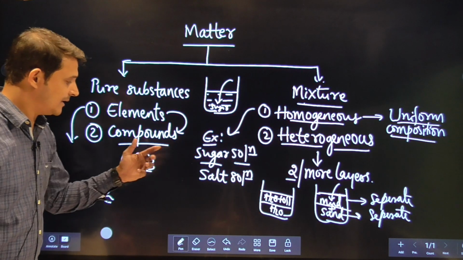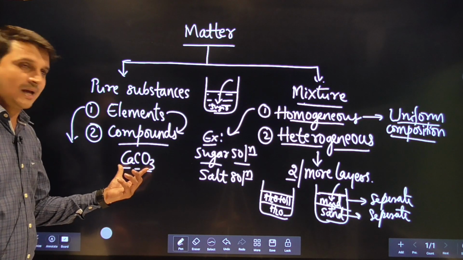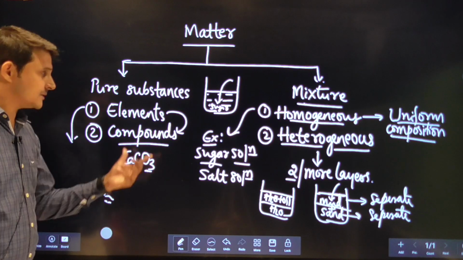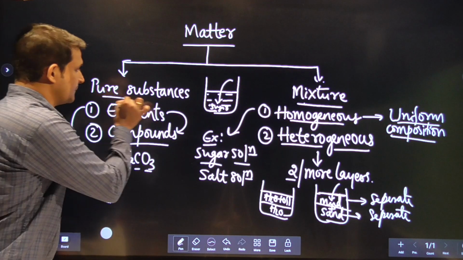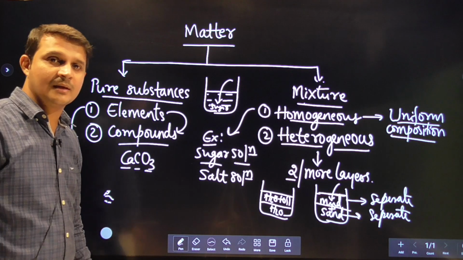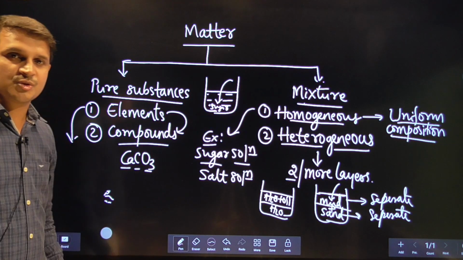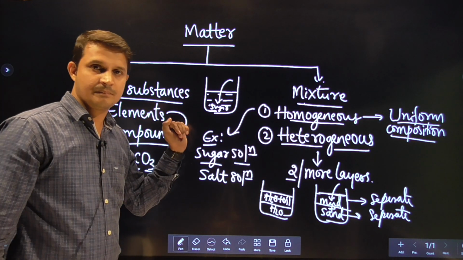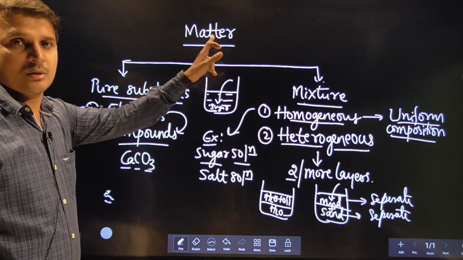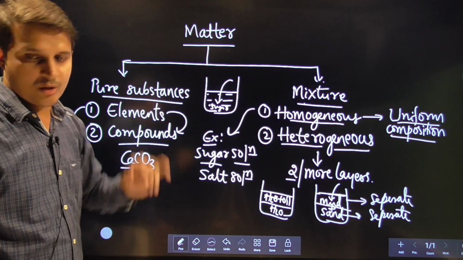If you write in any other form, it will not be calcium carbonate. Hence, these pure substances have a fixed composition. They are fixed. Understand? So that is about the classification of matter.